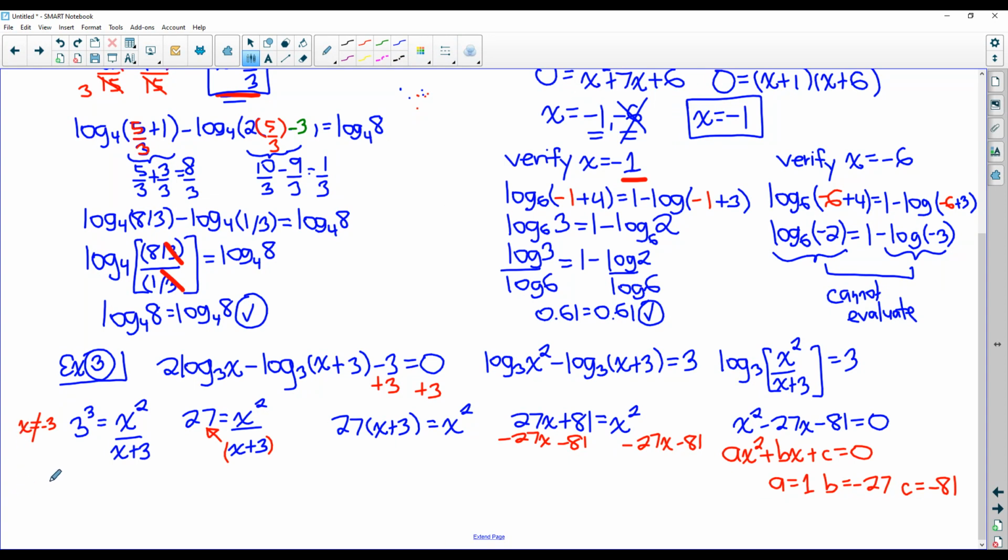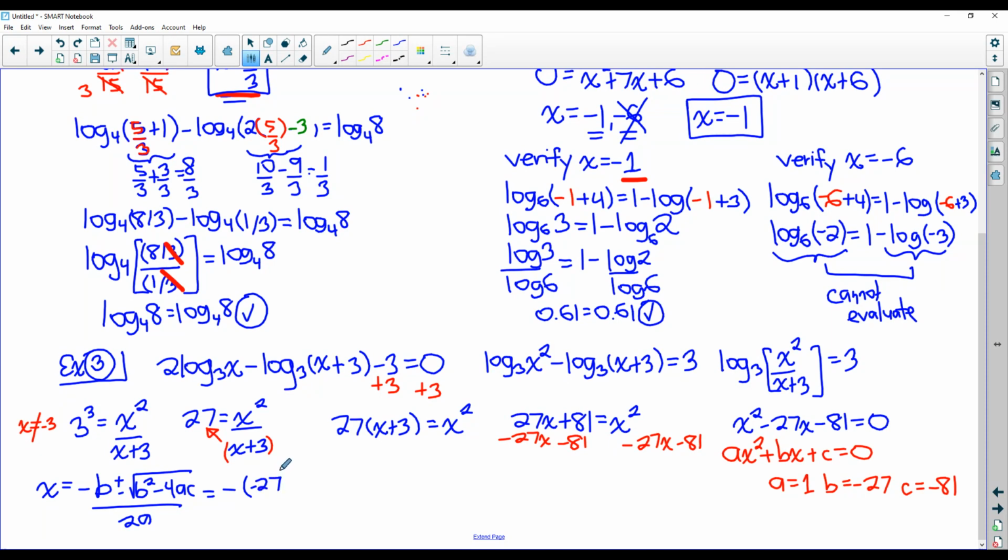Okay, so plugging into the quadratic formula, we would have x equal to negative b. This is on your diploma formula sheet, by the way. Negative b plus or minus the square root of b squared minus 4ac, all divided by 2a. Plug those values in.